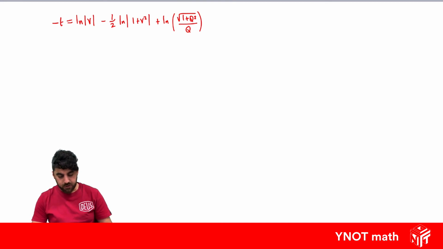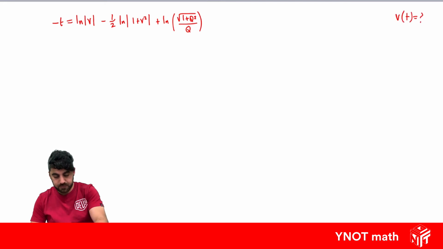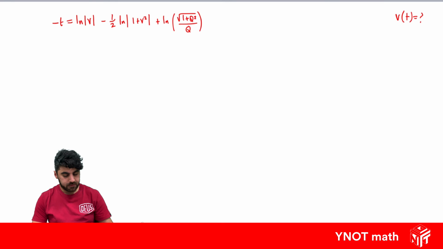And we're trying to get v as a function of time. So we're trying to make v the subject here. So from here, we're going to bring this half up into the power and take the square root.